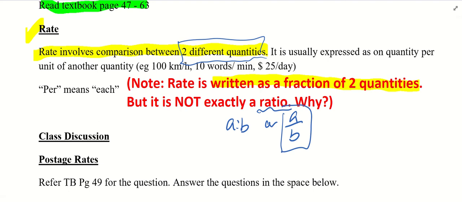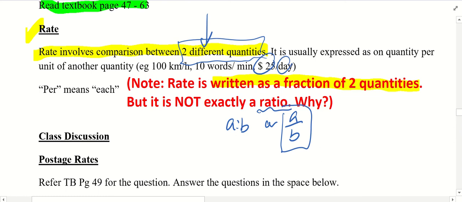Answer: for ratio, we typically compare items or quantities that have the same unit. In this case, rate involves comparison between two different units. Two different quantities, two different units, just like dollars and time.